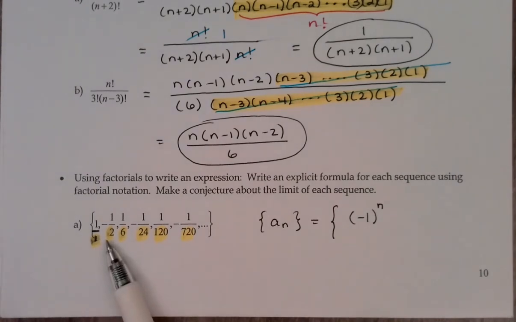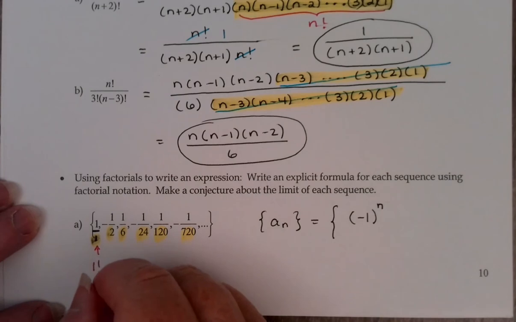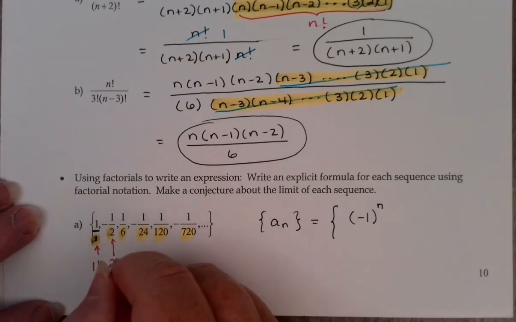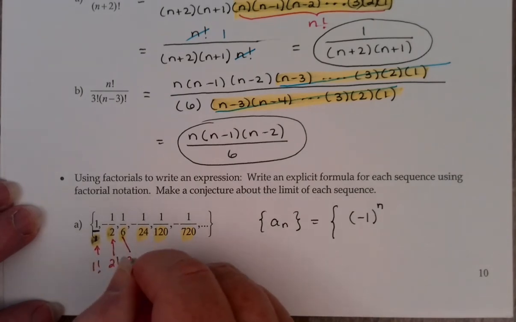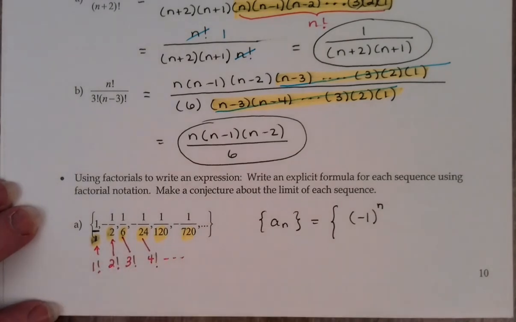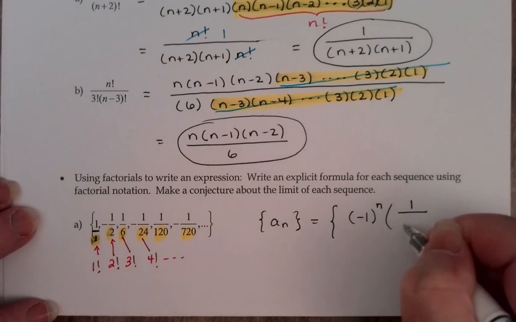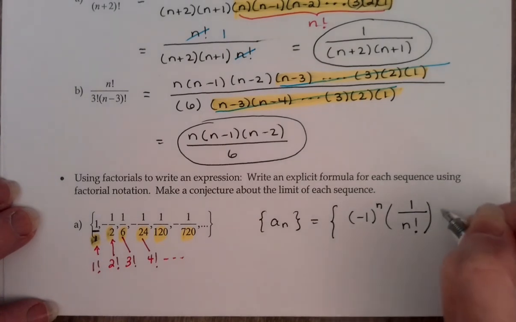That's 1 factorial, 2 factorial, 3 factorial, and so on. So the denominators of all of these fractions are just n factorial. So I'm going to write that as 1 over n factorial.